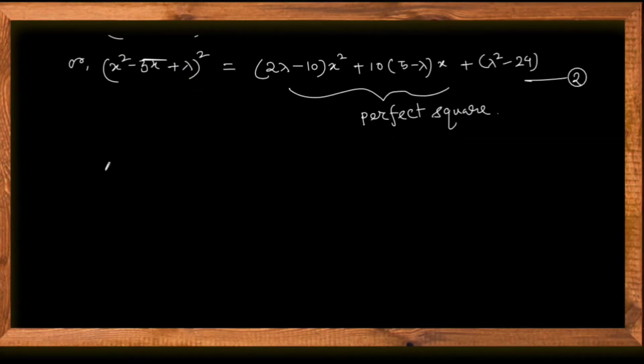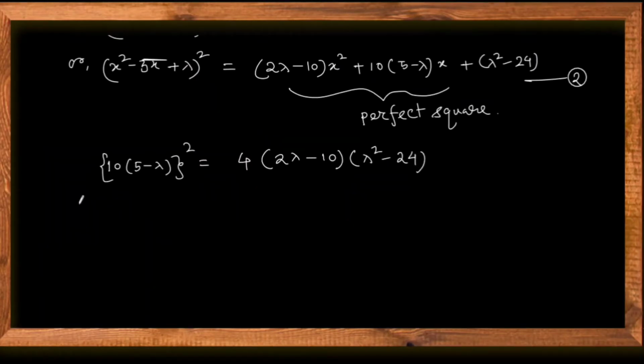To make the right hand side a perfect square, we must have 100 times (5 minus lambda) whole square equals 4 times (2 lambda minus 10) times (lambda square minus 24). So 100 times (lambda minus 5) whole square equals 4 times 2 times (lambda minus 5) and (lambda square minus 24).